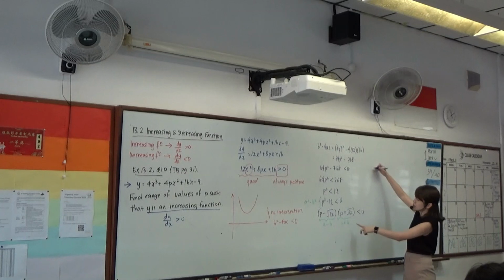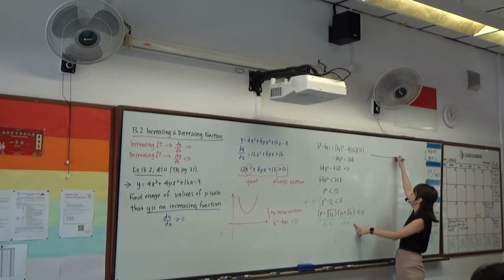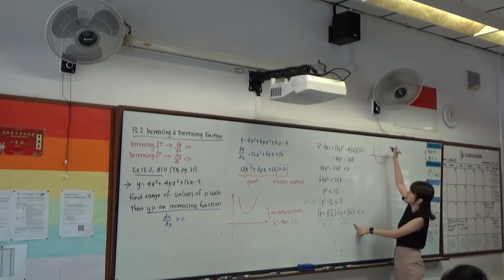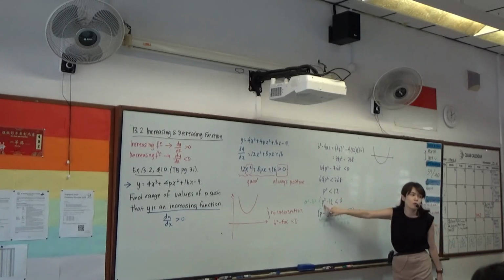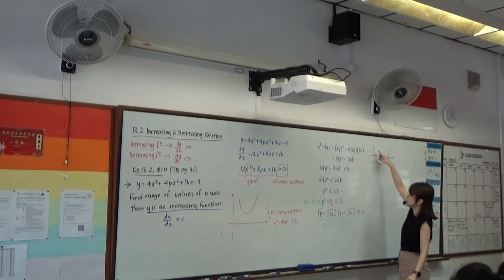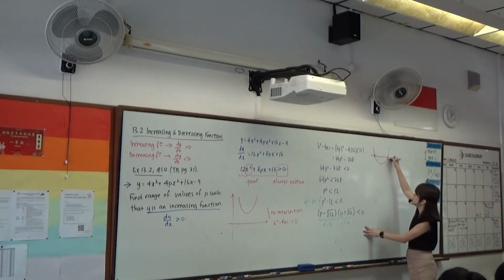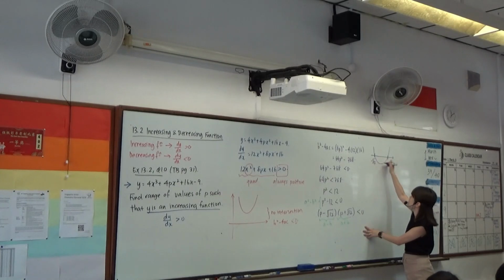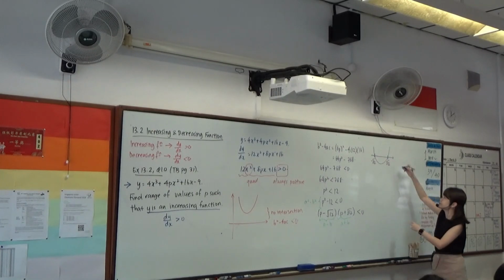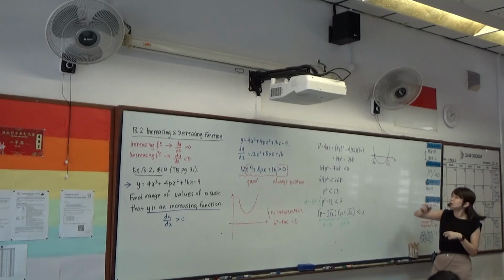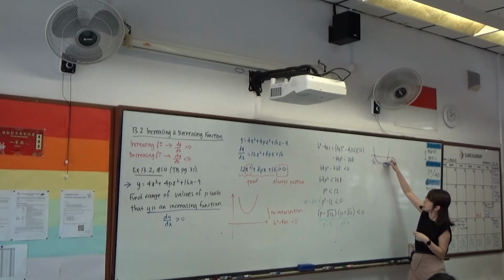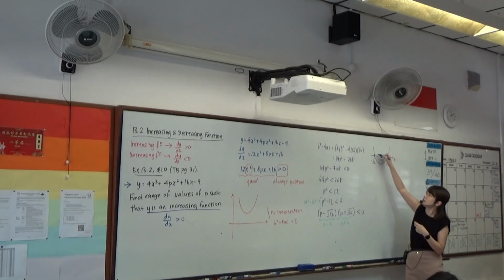Okay, so from here already, we're looking at the curve, a happy face, because the coefficient of p squared is positive. Our intersections here are negative root 12 and root 12. Less than 0 means the things that are below the axis.